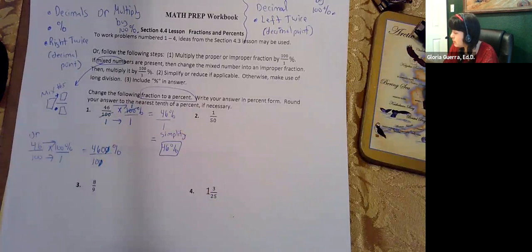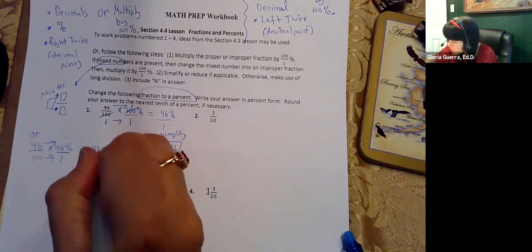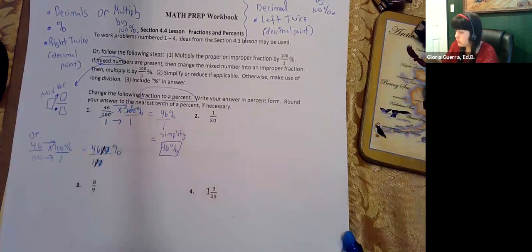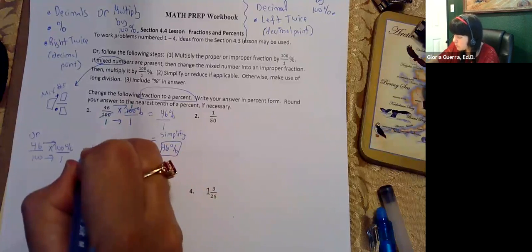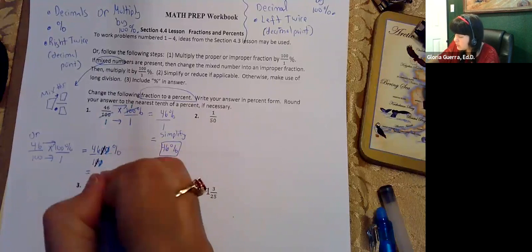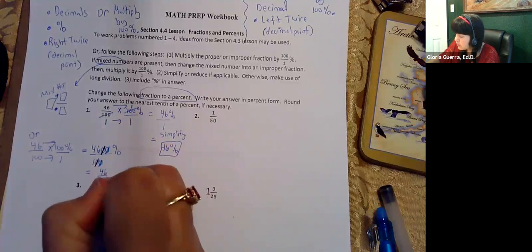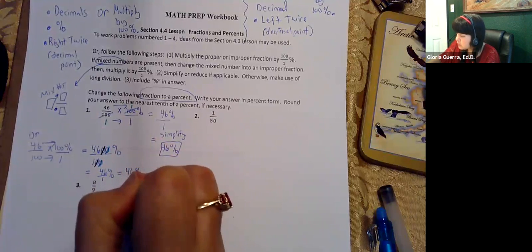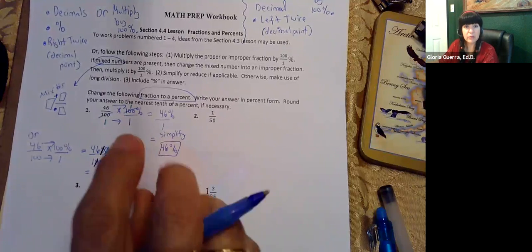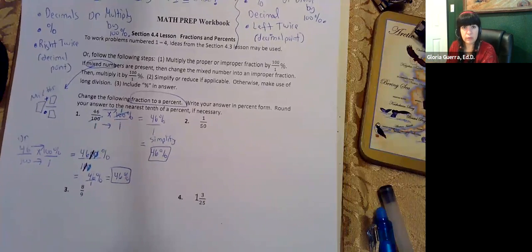So you can cross out end zeros. Here you can cross out end zeros. And so 46 over 1 is you have 46 over 1%, but that's just 46%. So you see how we get the same answer there? Okay. So either way is fine.